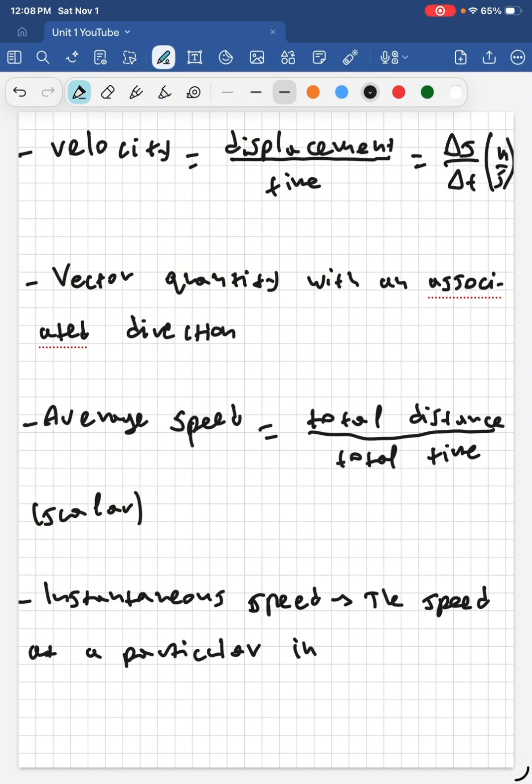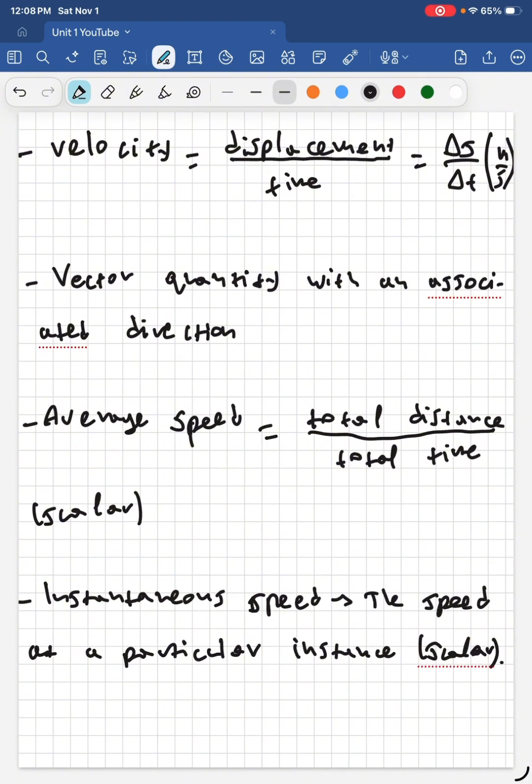Particular instance, okay, and this is also a scalar, and we will also come back to this later because to understand it you need to talk about the motion graphs. So yeah, we'll come back to this later.